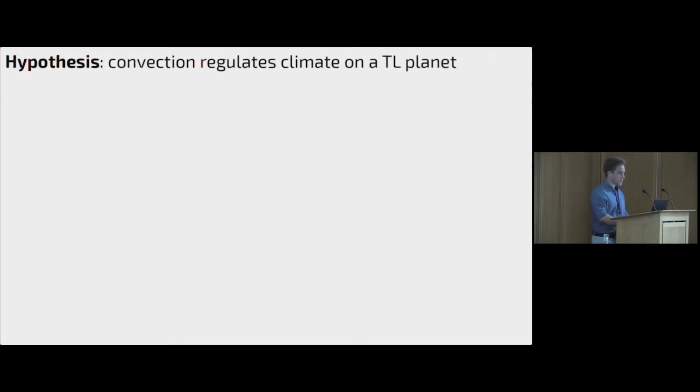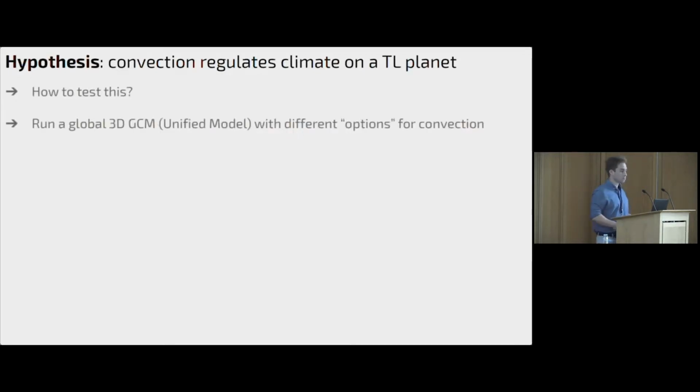So for a situation like that, you can hypothesize that convection should regulate the climate on a tidally-locked planet. And how can we test this? So we can run again this 3D GCM with different options for convection. We can use a sophisticated mass flux convection scheme, which is used for weather and climate prediction on Earth.